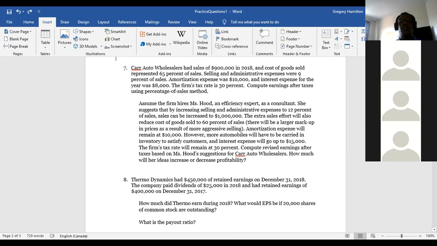Compute earnings after tax using the percentage of sales method. All right, this question is not very difficult. Even though it says percentage of sales, it already gives you all that information. Hence, we just have to produce a simple income statement.